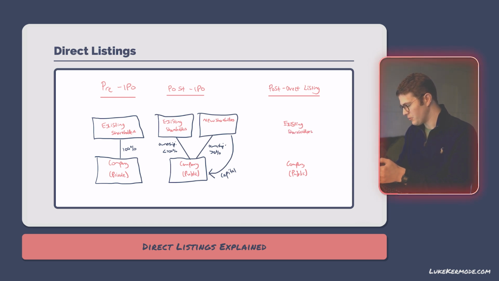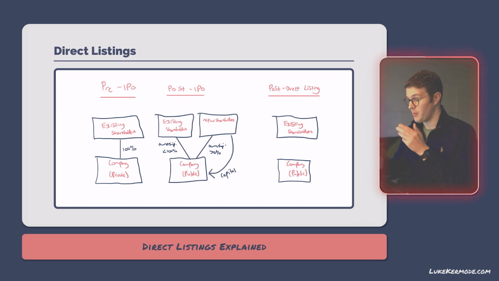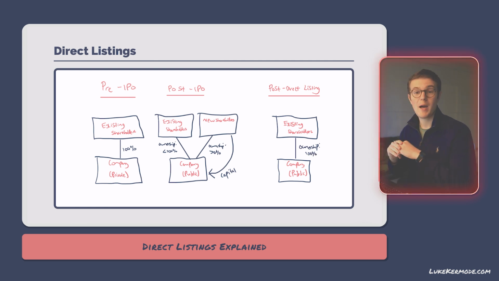So no new shareholders are added. The shareholder base just remains identical to what it was pre-IPO or pre-direct listing. And the ownership remains at 100%. So no new shareholders are added, no new capital is provided. The only difference is the company is now public.